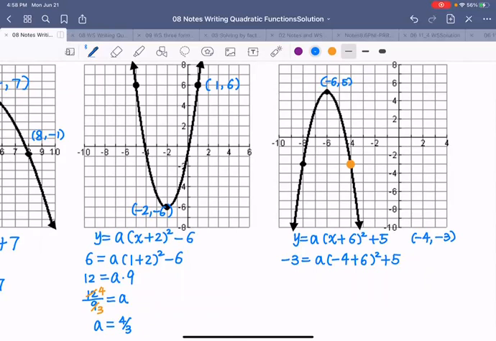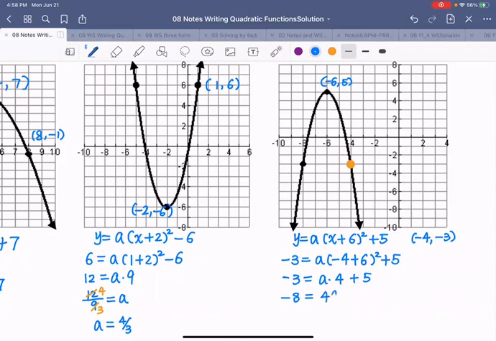Go ahead, please. -3 equals a times 4 plus 5. Okay. One more step. We can subtract 5 on both sides. So -8 equals a times 4.